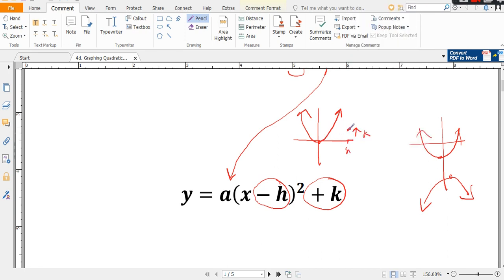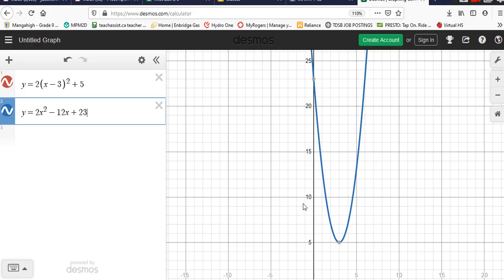Which means the new vertex would be right there. If I go back to Desmos, you will see I'm shifting my parabola to the right by 3, and then shifting it up by 5. That tells me that my vertex is at 3 and 5.